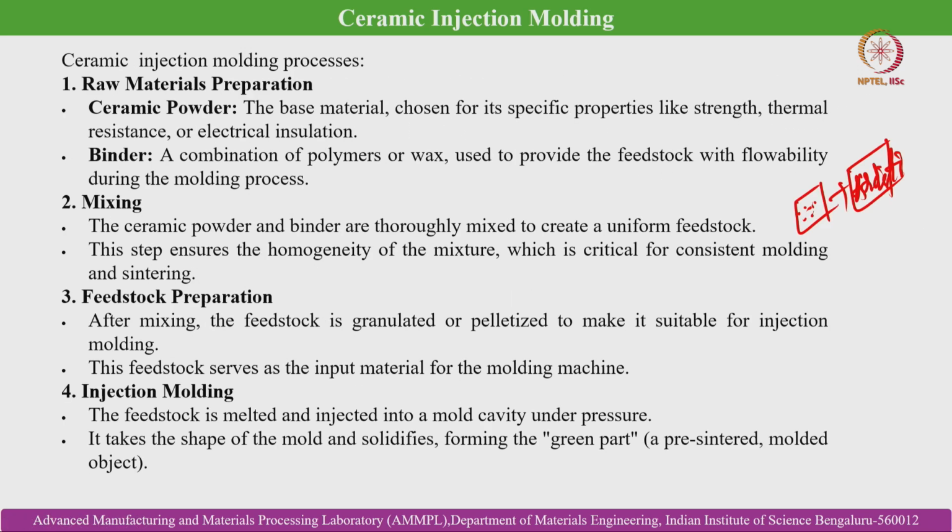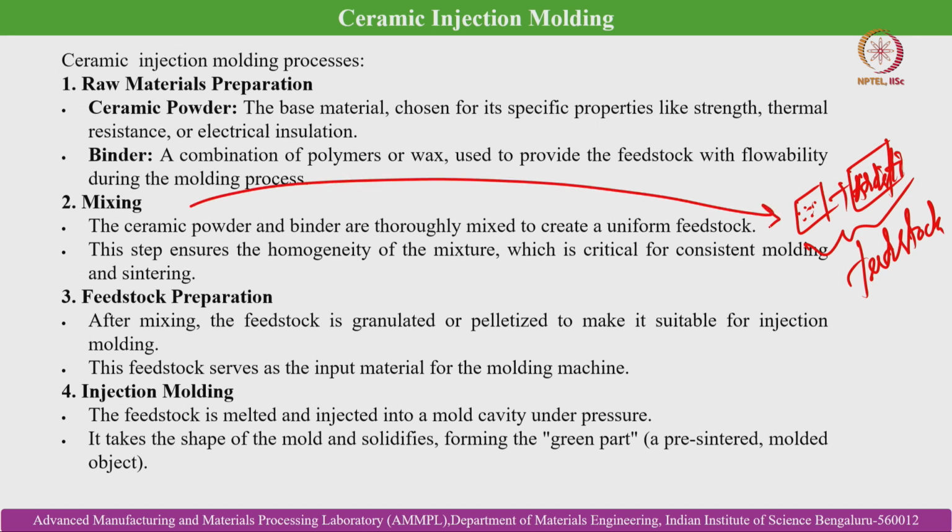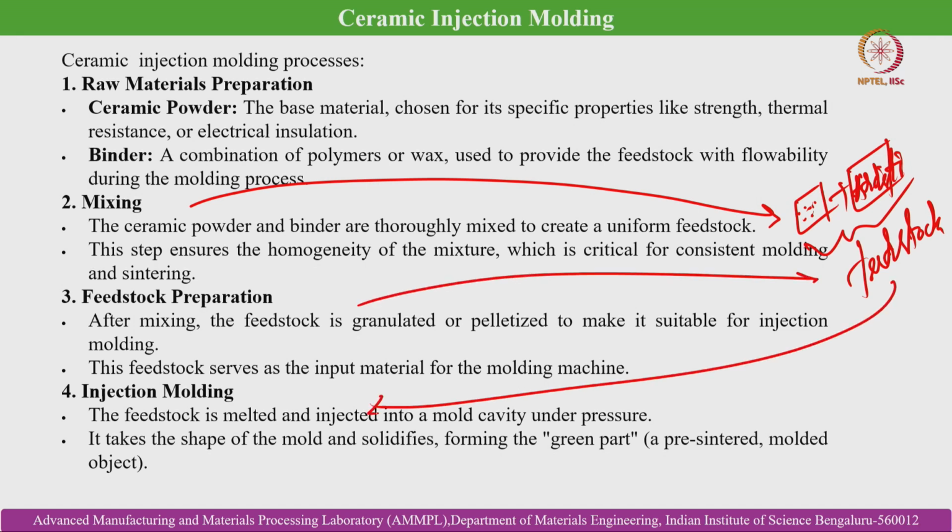Once this mixture, which is called feedstock, is achieved in the mixing stage, and feedstock preparation is done, we basically do the injection molding of that feedstock within the injection molding machine.